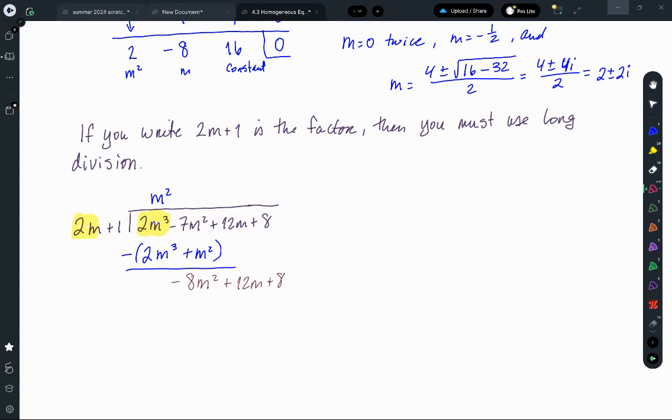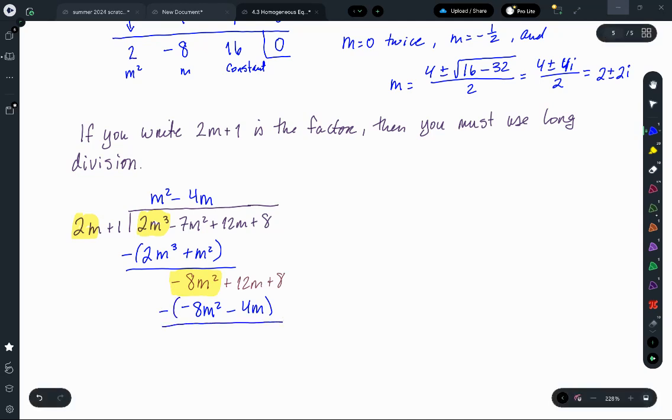Okay, then I ask myself again, what do I multiply 2m by in order to get negative 8m squared? Well, that would just be a minus 4m. I take the minus 4m, I multiply it by the 2m plus 1 to give me a minus 8m squared minus 4m. I have to subtract that whole thing from the above polynomial.